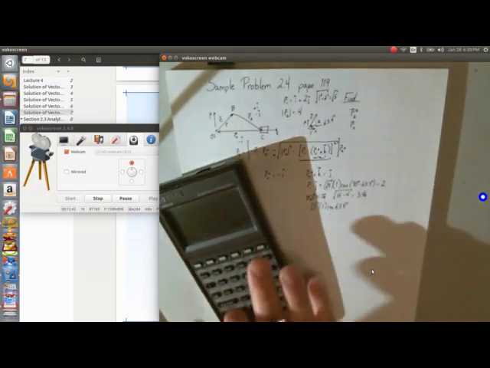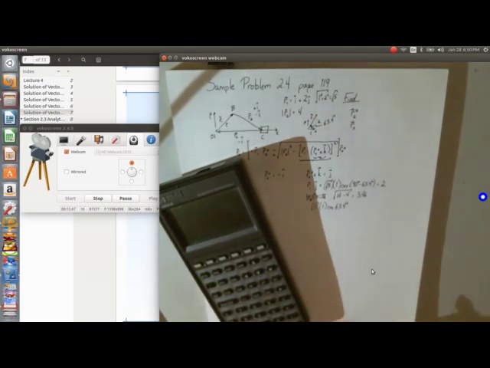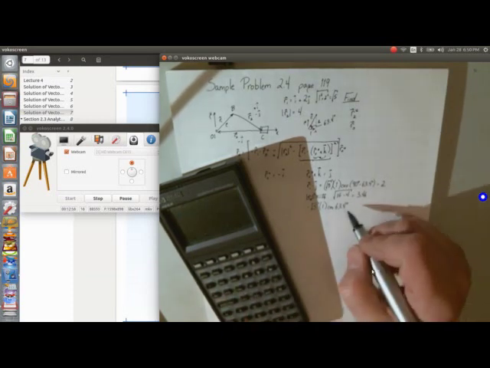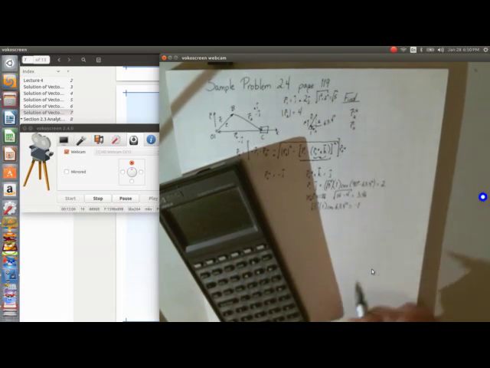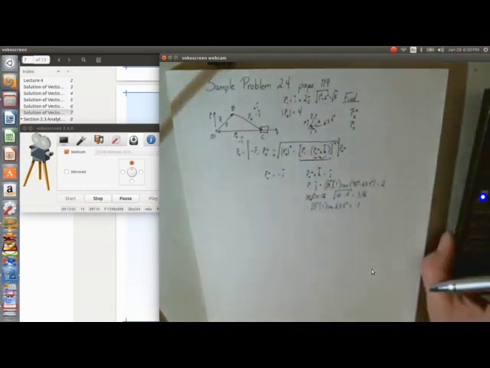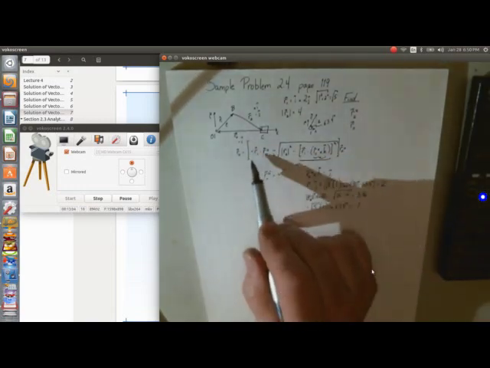So if I do this, this comes out to be about equal to negative 1. Okay, so this gives me all of the things in here.